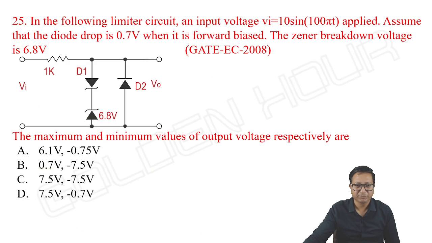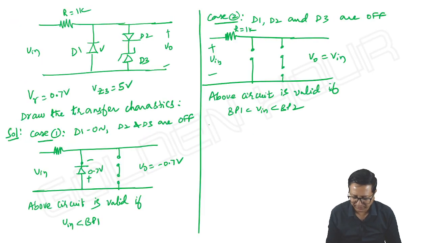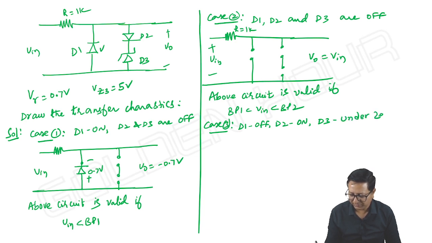Case 3. Okay, here I will write it. D1 is off, D2 is forward biased or on, D3 is under GNR breakdown.